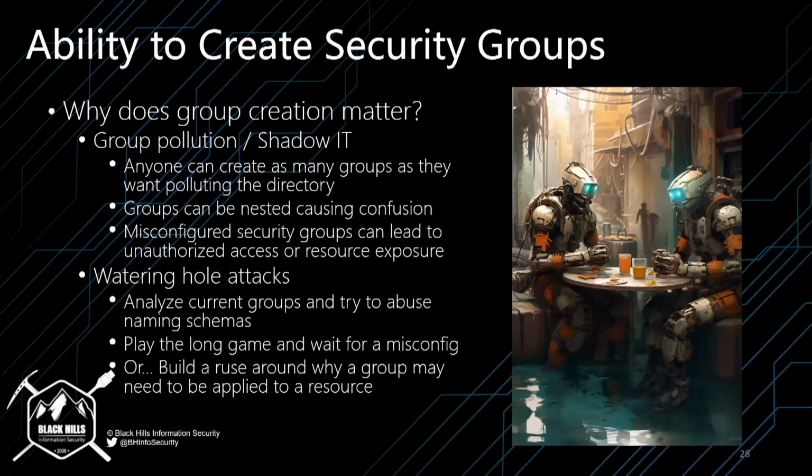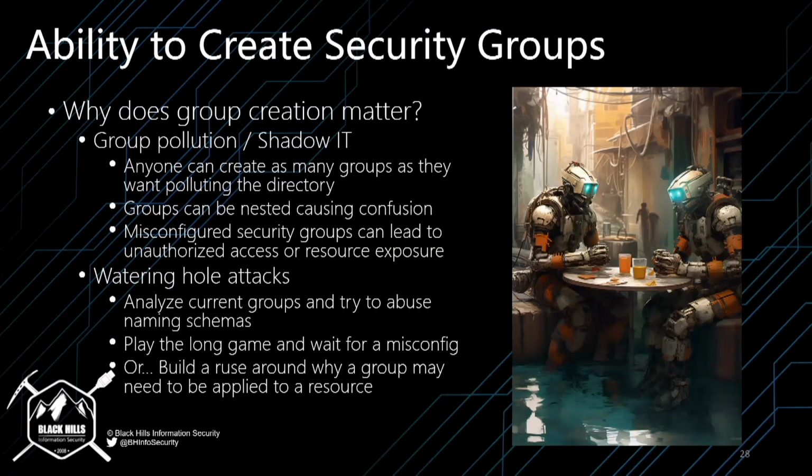First off, the group pollution issue or shadow IT, right? What if any user just started creating millions of groups? That'd be a bad day, right? You don't want to go clean that up. But secondly, what about watering hole attacks? What if I created a group that appears to be named something similar to what you already have?